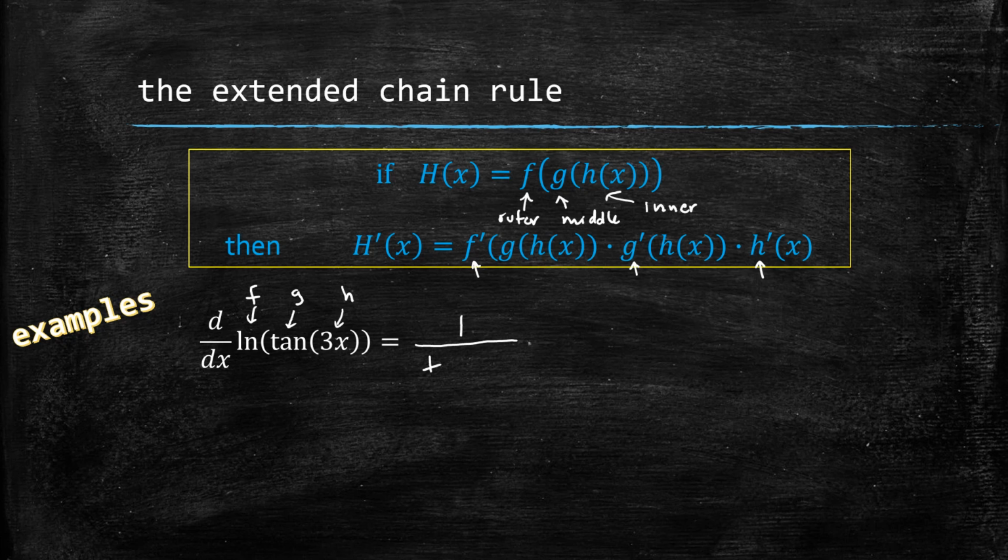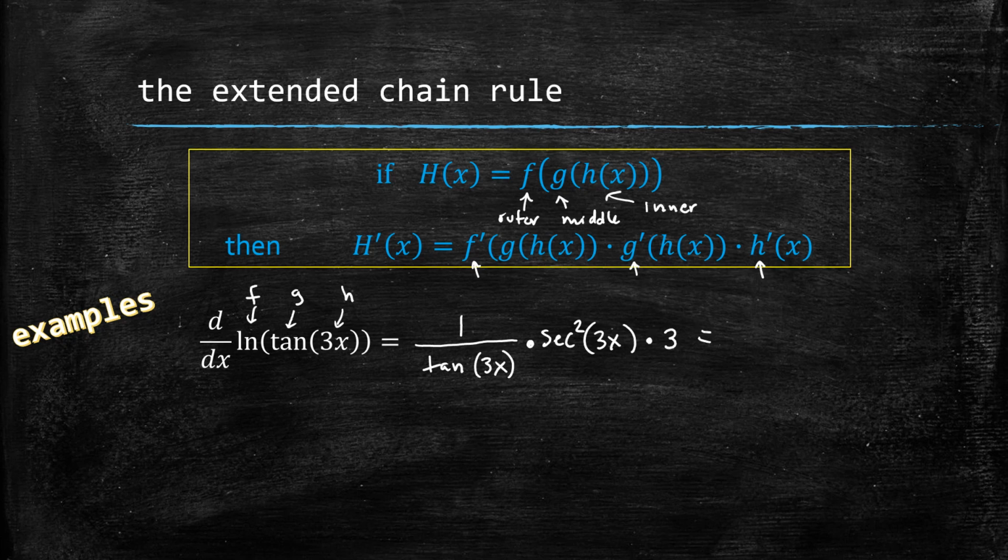But we have to make sure we put all the rest of it back in there. And then we multiply by the derivative of the middle function, the derivative of tan, which is secant squared. But don't forget, we've got to keep its input intact. And finally, we multiply that by the derivative of h, which is 3x, and the derivative of 3x is 3. And that's our final answer.